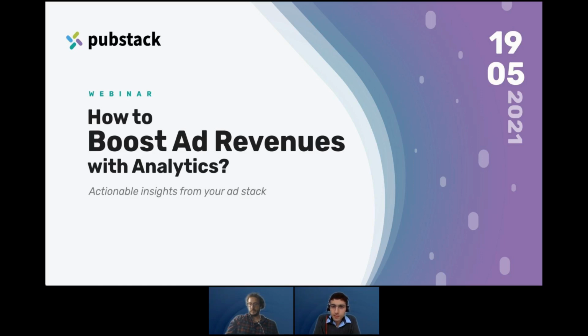But we still see a lot of publishers struggle when it comes to activating the data in order to generate actual revenue increase in a proactive way, basically. So use the data that is at hand, that is excessively powerful, but the question is how to use this data to generate uplift. So this is the topic for today, how to boost ad revenues with analytics.